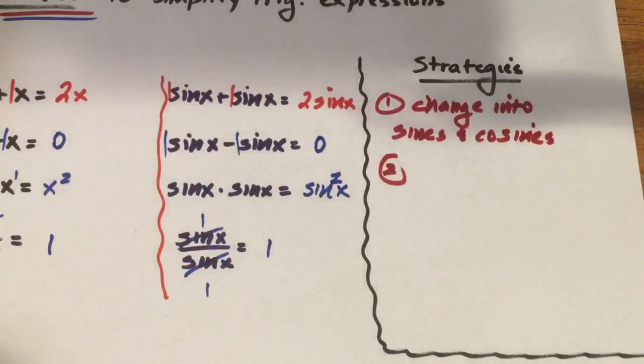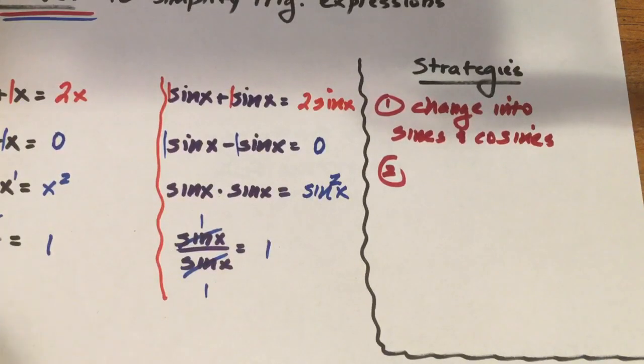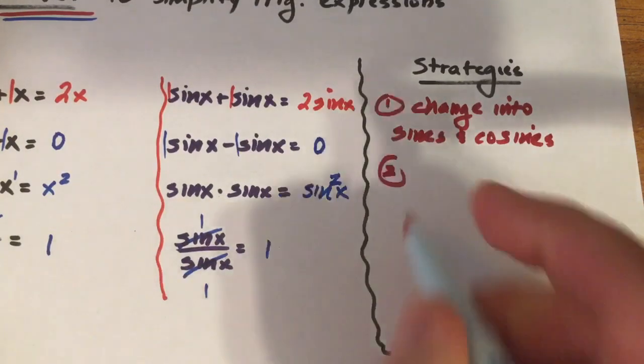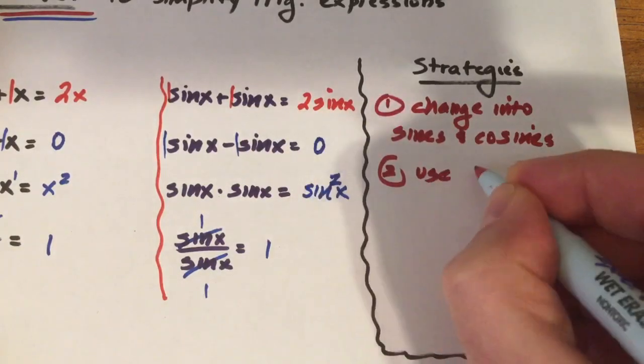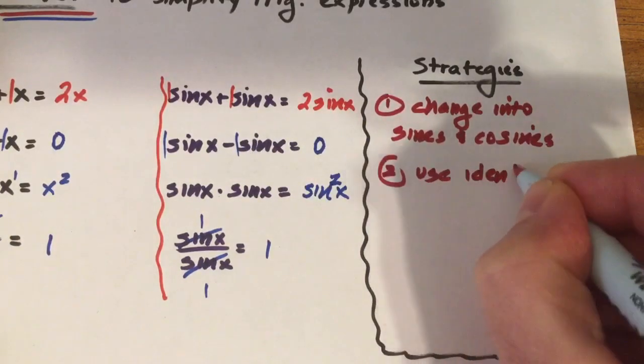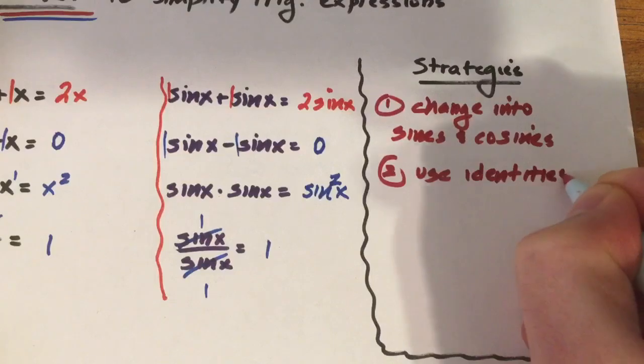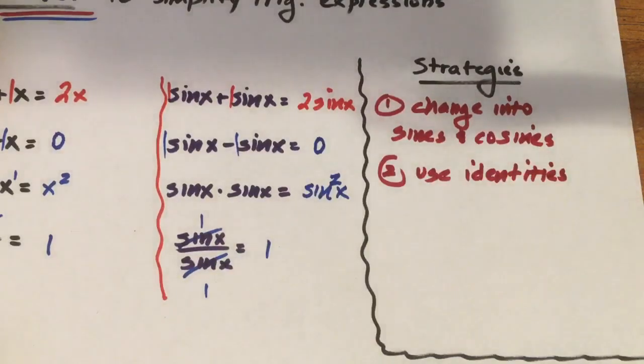A second strategy, use our trigonometric identities. Remember our purple formula sheet. So we're going to use the identities. And sometimes we may need to rearrange those identities.